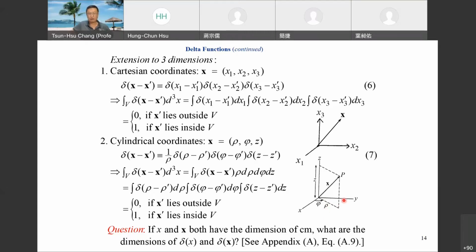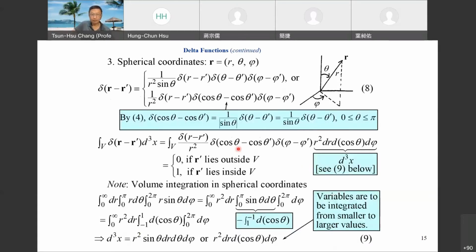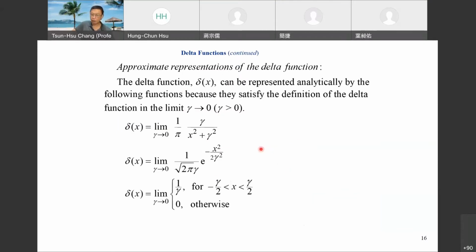So we should be careful about the notation. Okay. In terms of spherical coordinates, that's another one. Okay. And we don't really care about the detailed structure of the delta function. It can be expressed in this form, this form, this form, doesn't matter. The delta function can be represented analytically by the following function.